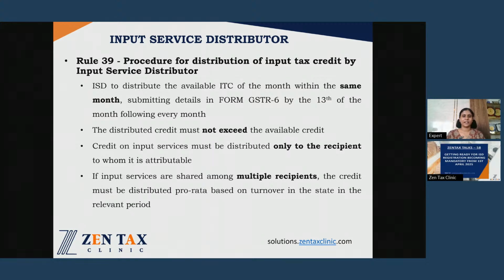If input services are shared among multiple recipients, the credit must be distributed pro rata based on turnover in the state in the relevant period. So the credit should be transferred between the branch entities. We will see more on how this turnover will be calculated in the future slides.